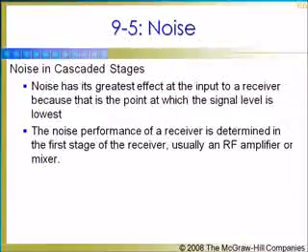Noise in cascaded stages. Noise has its greatest effect at the input to a receiver because that is the point at which the signal level is lowest. The noise performance of a receiver is determined in the first stage of the receiver, usually an RF amplifier or mixer.